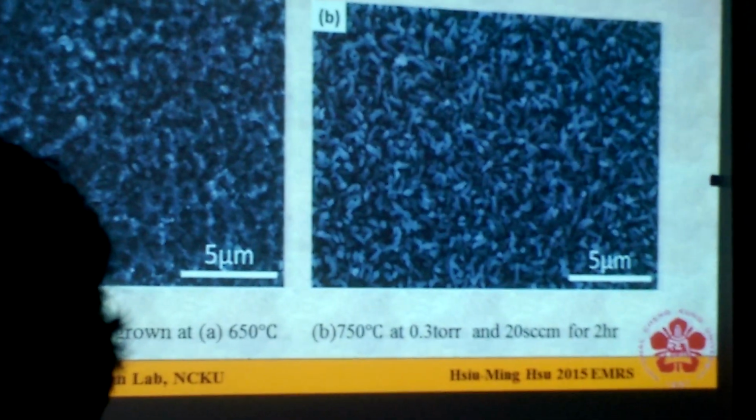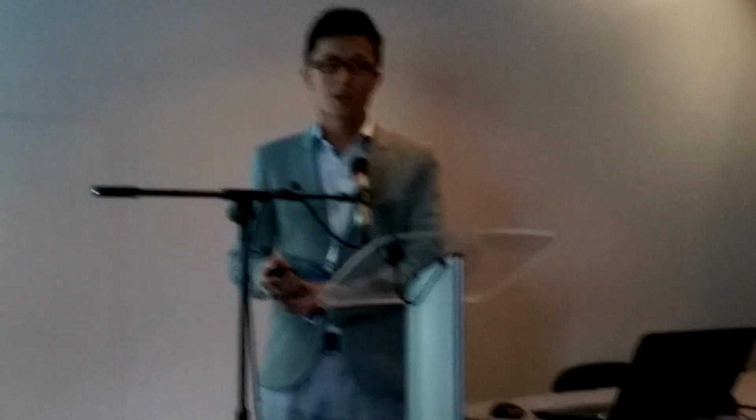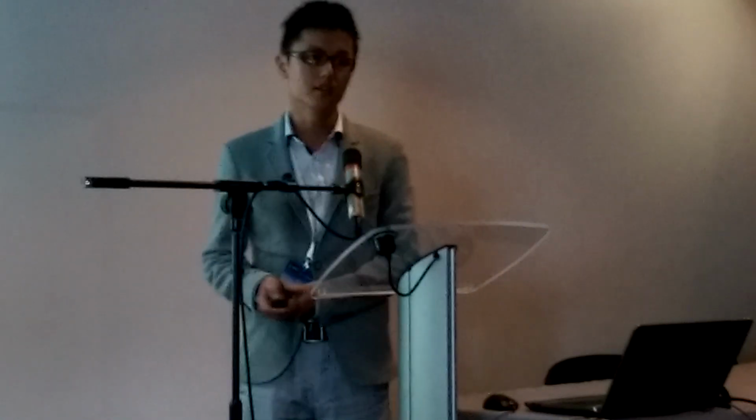At 650 degrees Celsius, the temperature was not high enough, and it was difficult for iron chloride to transform into vapor phase. So the reaction rate was slow, and 2 hours was not enough for it to grow nanowires.